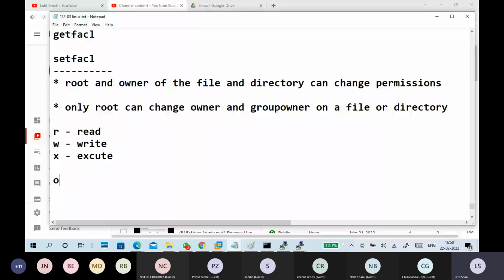On regular files, we have read and write permissions. On scripts, which are executable files, they have read, write, and compulsorily execute permissions also.